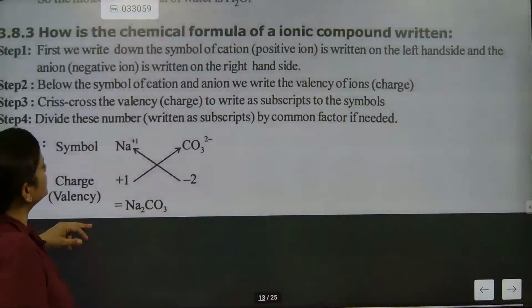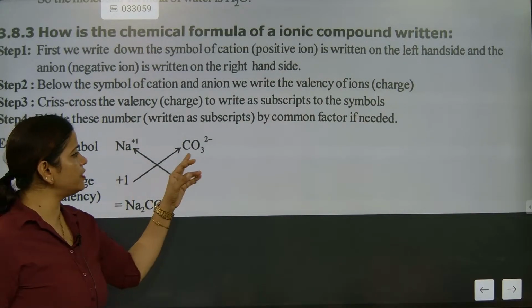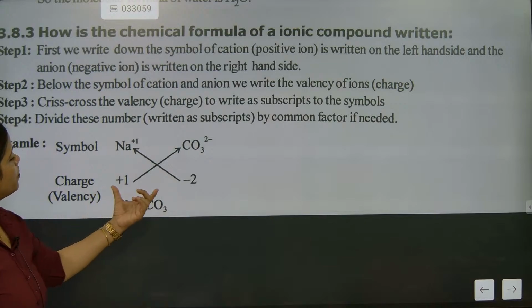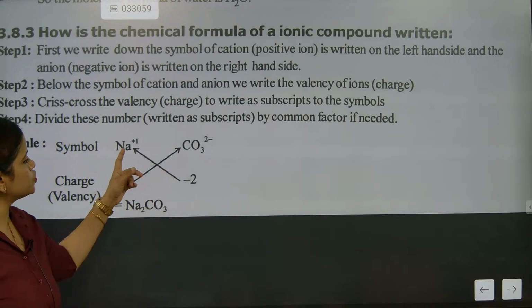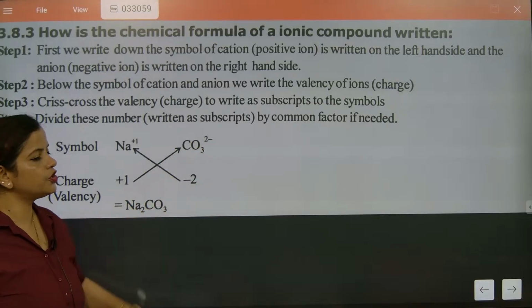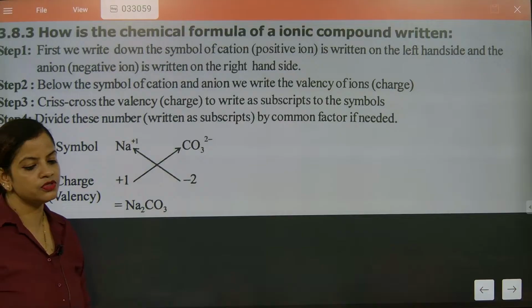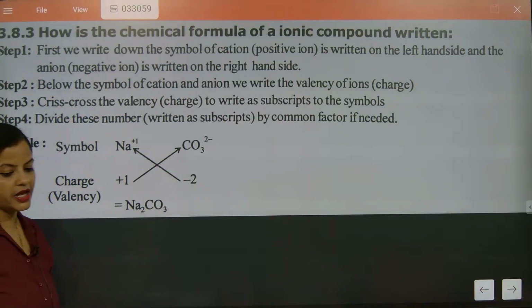Now look here. When you talk about ionic form, like sodium and carbonate, how are we going to write this? Sodium is +1, correct? And carbonate is how much? 2 minus. So 2 will go this side, 1 will go this side. It will come as Na2CO3. Note it down.